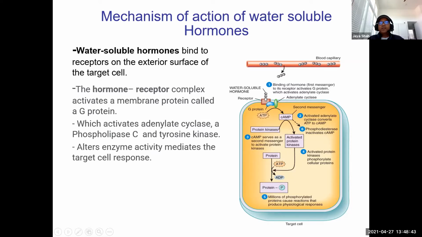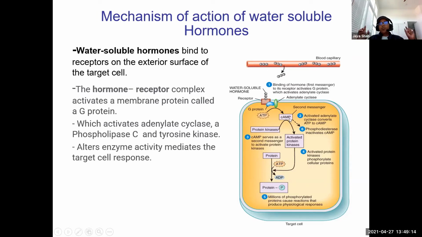Once this water soluble hormone binds with the receptor, that activates the G protein, and then the domain, the structure of the G protein changes conformation, and the change in conformation activates the enzyme adenylate cyclase, and that enzyme then catalyzes ATP and releases phosphate and forms cyclic AMP.